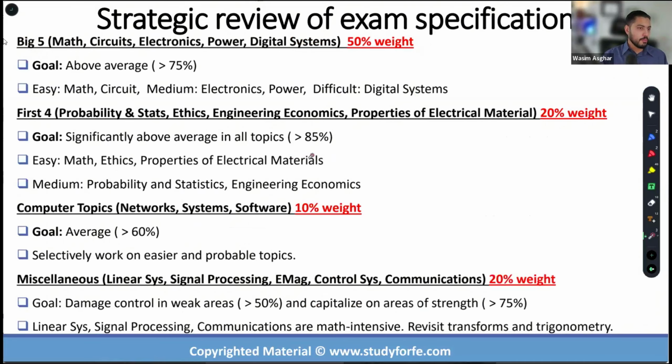So the big 5 topics, these are math, circuits, electronics, power, and digital systems as far as FE Electrical is concerned. And they are important because they amount to about 50% of the exam by weightage. So just very basic math, if in 50% of the exam you end up being below average, you have to be above average in the remaining 50%.